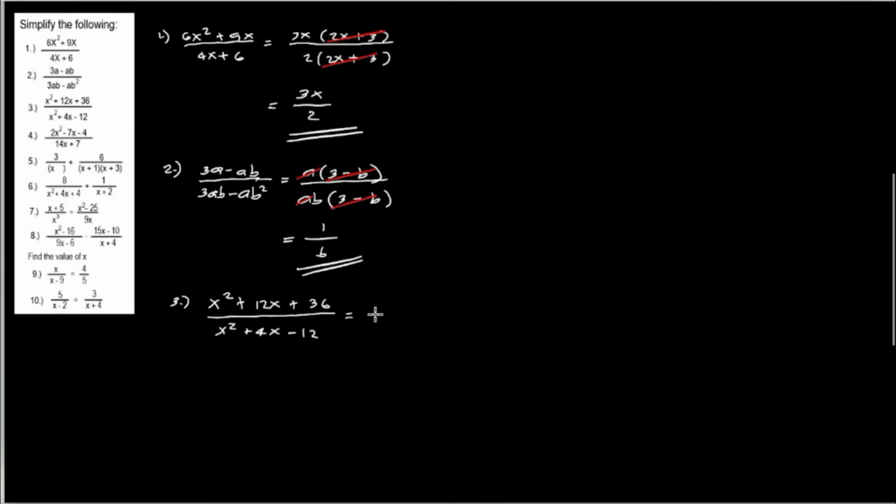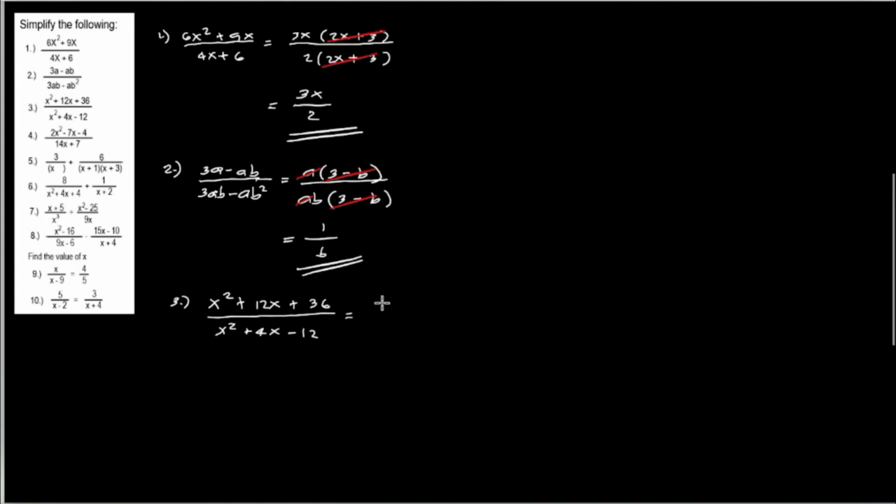For the numerator, we have a trinomial, and also in the denominator. Using factoring of polynomials, let's check. The factor of 36 is 6 times 6, and the sum of the two factors should be the value b.